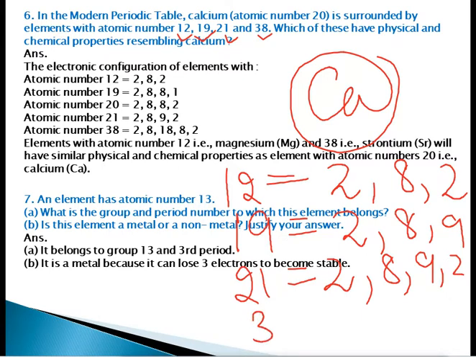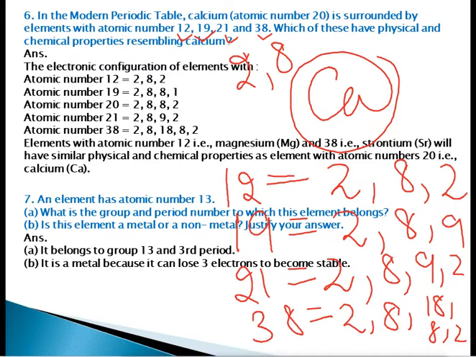For 38, 2, 8, 18, 8, 2. And the electronic configuration of calcium, atomic number 20, is 2, 8, 8, 2. So you can see in the outermost shell of calcium, 2 electrons are present.